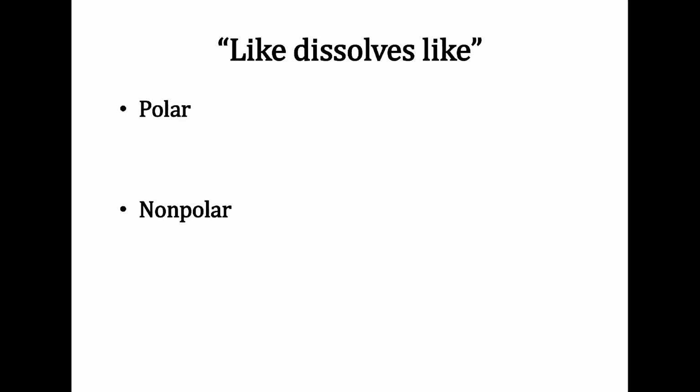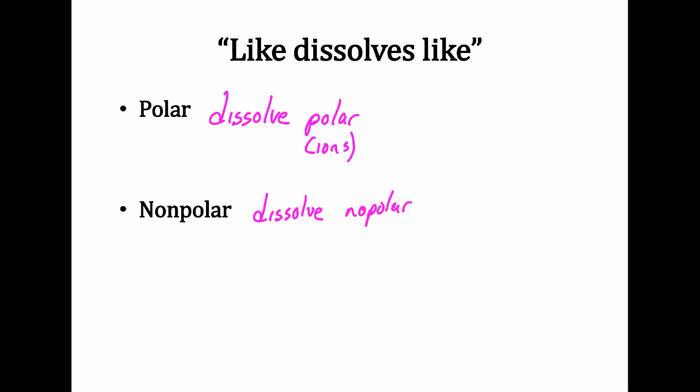So polar molecules will dissolve other polar molecules or ions, whereas nonpolar will dissolve nonpolar molecules. So this would be why you can mix oil and gasoline, but you can't mix oil with water.